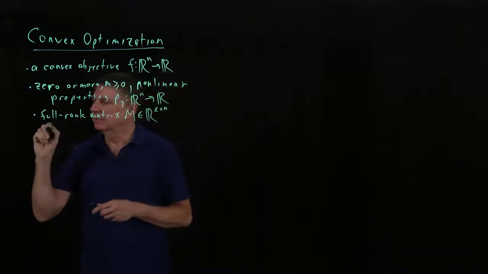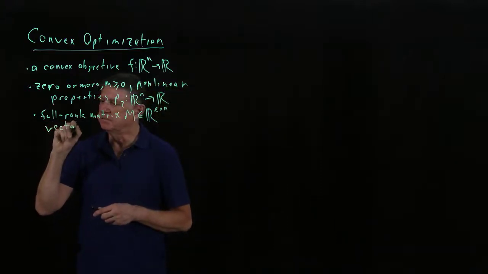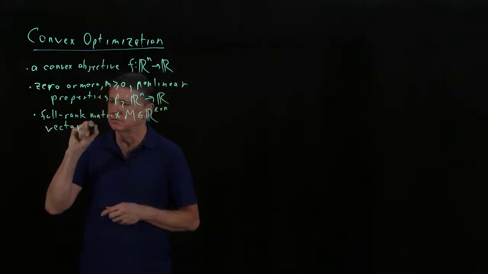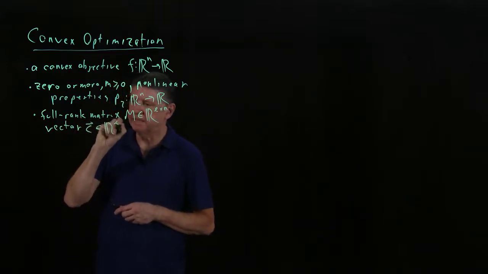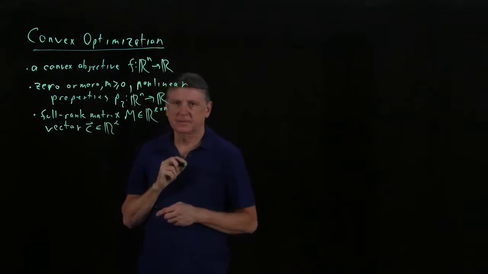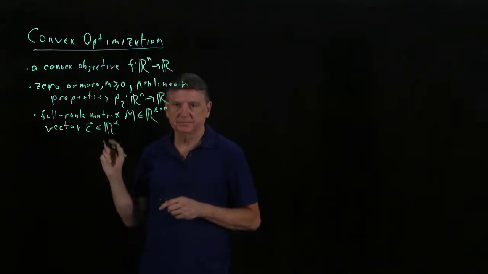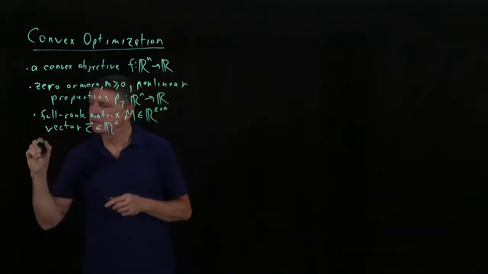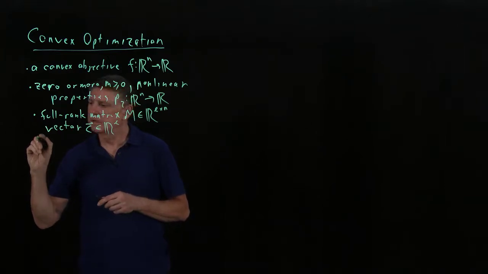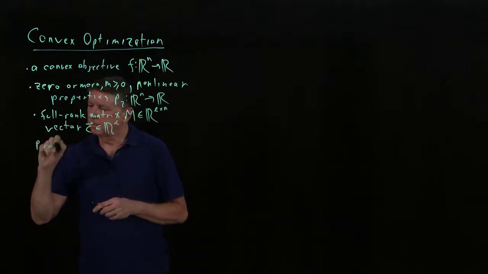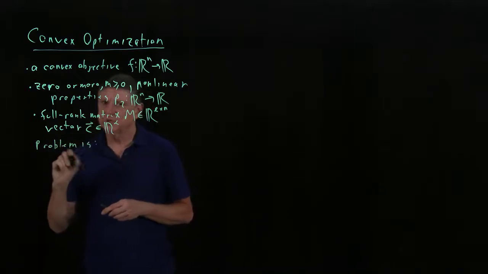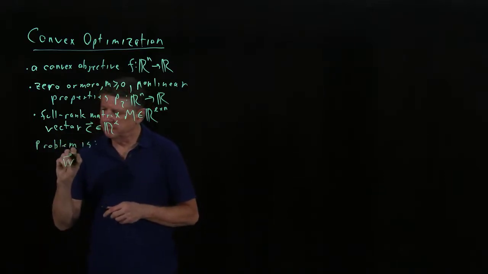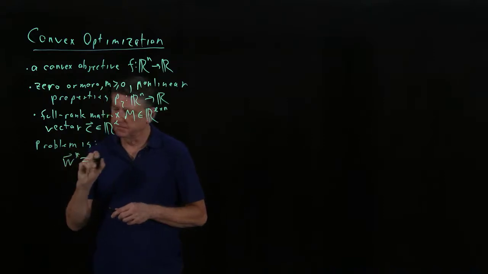and associated with that matrix is a vector, a constraint vector, which has L entries in it, and a minimizer. And the problem is, what we want to do is we want to find an optimal vector.